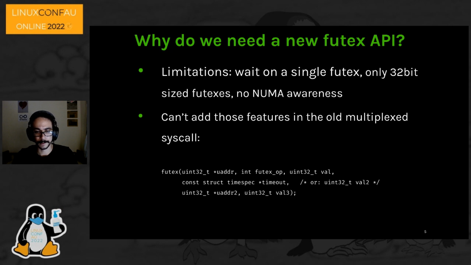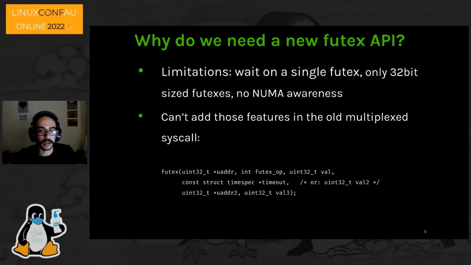Yes, it's very tricky to maintain that code. Then I wanted to add a new operation to the syscall, the ability to wait on multiple futexes at the same time, because on the old interface we could just wait on a single one. And then they told me, hey, if you want to do that, you need to develop a new interface for that.